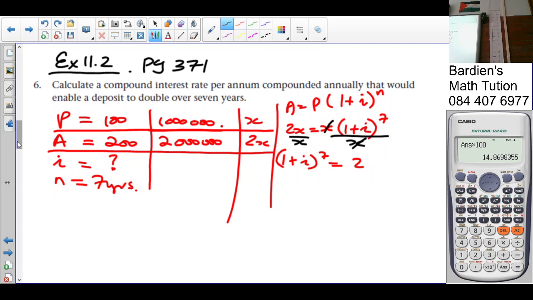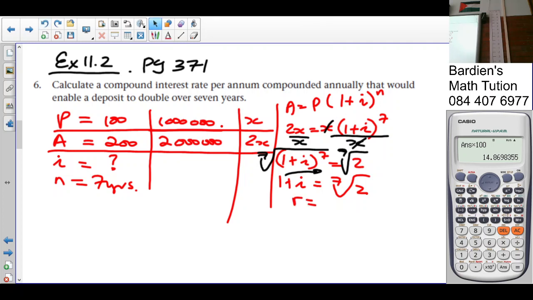So what do I do now? We take the 7th root. Oops. Take the 7th root. Both sides. So what do I get? 1 plus I equals the 7th root of 2. Now what? Now you take the 1 over the equal sign, becomes minus 1. And then what do I do? Times it by 100. So it's going to be the 7th root of 2 minus 1.